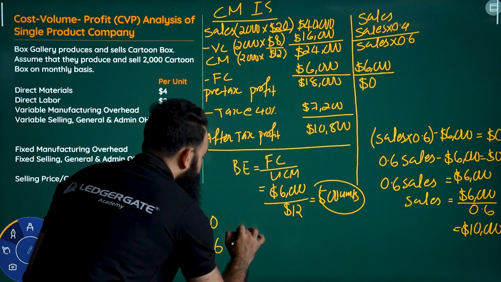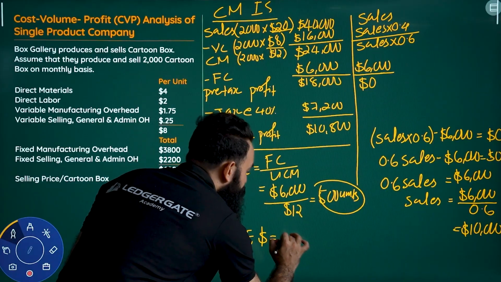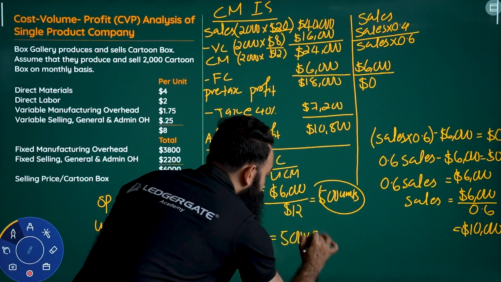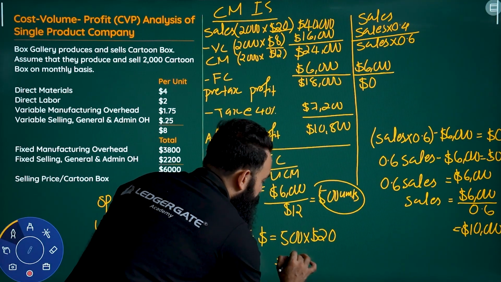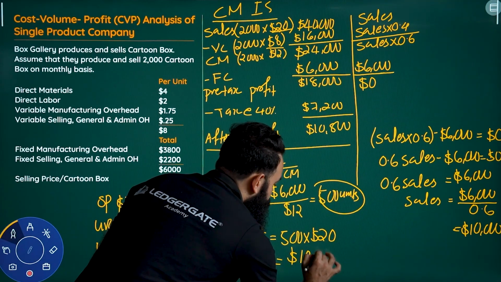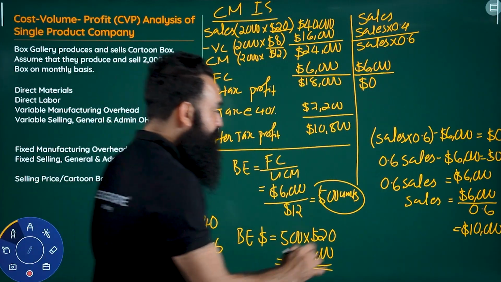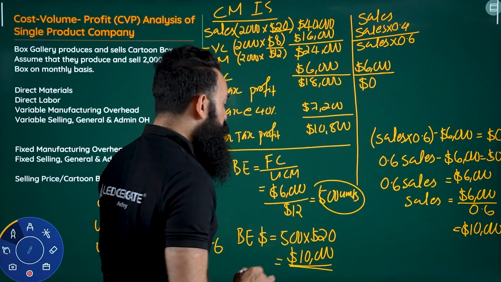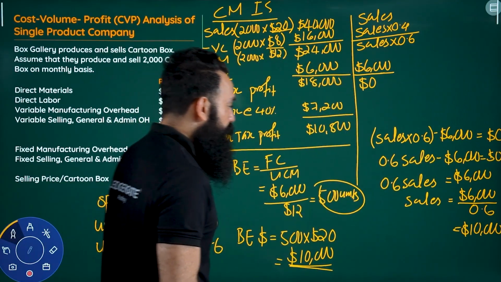In order to get break-even in dollar values, what we have done? 500 units into respective selling price, right? So 500 into 20 is equal to $10,000. This is one way, right? This is the second way. That means with the help of a formula, we are going to calculate break-even sales value as well, right?